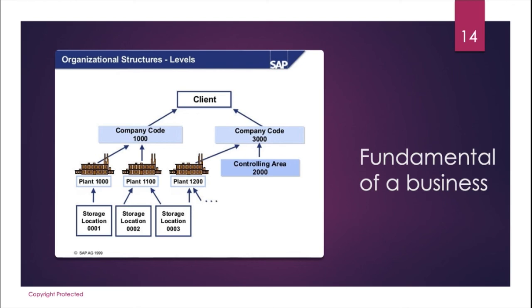When we do the configuration, we first configure the client, then the company code, then the controlling area, profit center, cost center, plant, and storage location, so that the corresponding expenses and profits can be booked there.